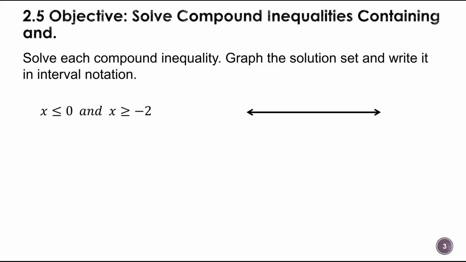If I put this on the graph, x is less than or equal to 0, and x is greater than or equal to -2. Less than or equal to 0 is going to be this way. Greater than or equal to -2 is going to be this way, going to the right. And so I'm looking at, where do these intersect? Well, they intersect between the -2 and 0.